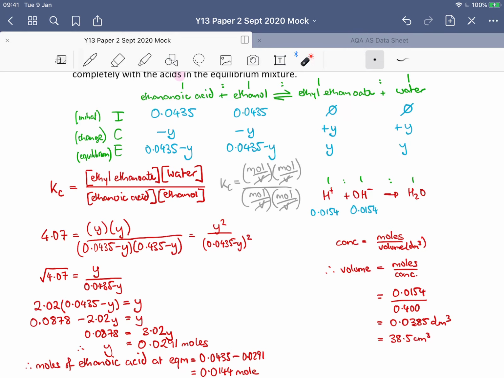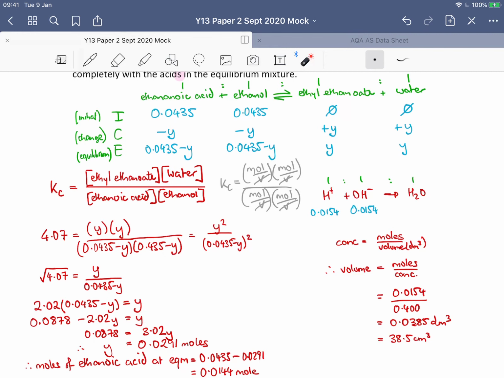Now you could go on and have a quadratic equation. It's more complicated. It should still give you the same answer, but you are more likely to make a mistake, no question. So it's going from here to here. That is the key bit, really, assuming you've done that, of course. But people can go wrong here. If you can get to that point, then it's a case of just simplifying everything and working out Y.